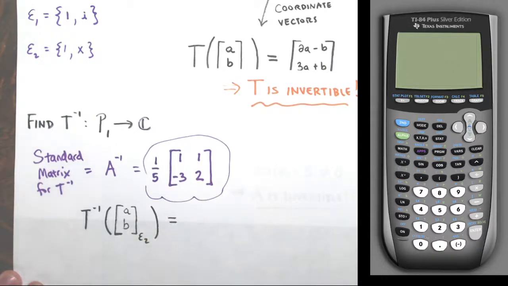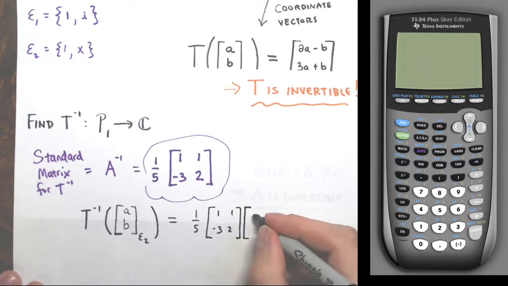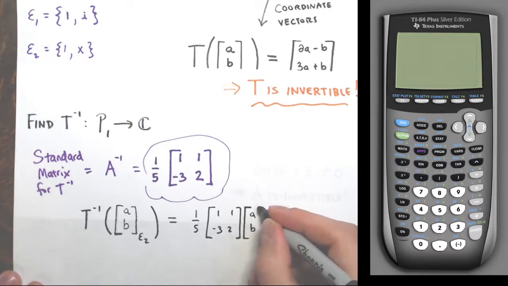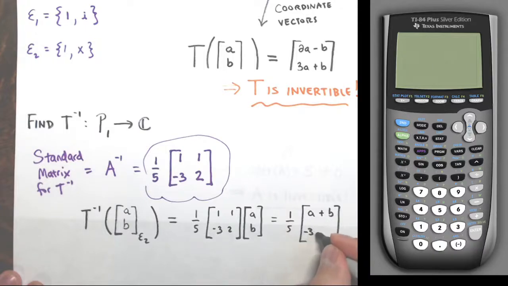and if I plug them in, the output will be this standard matrix, 1/5 times 1, 1, -3, 2, multiplied by the a, b. When I actually multiply this out, this will be 1/5 times a plus b for the first row, and then -3a plus 2b for the second row.